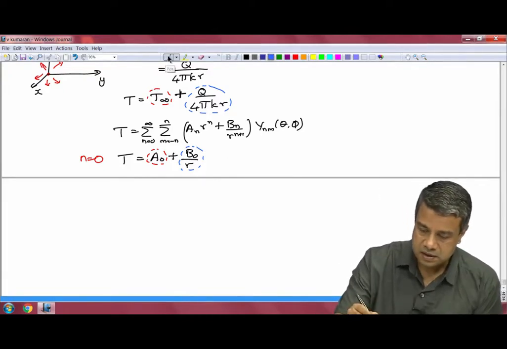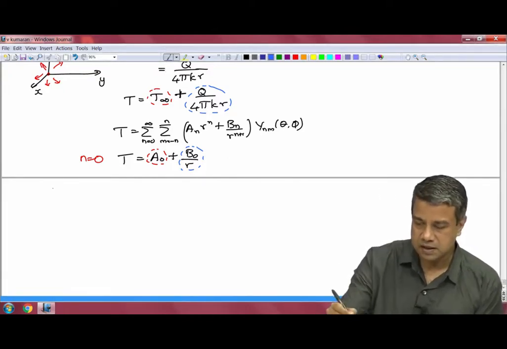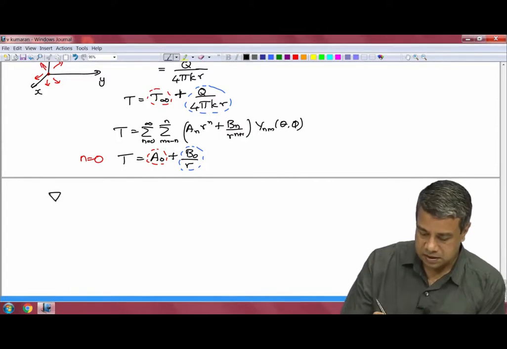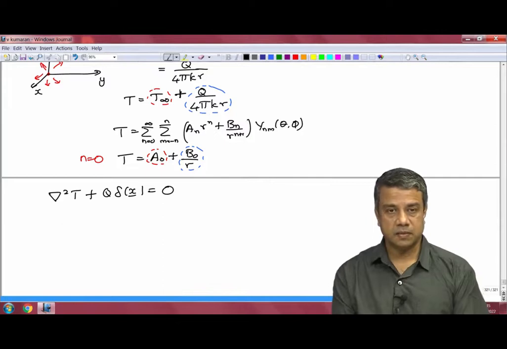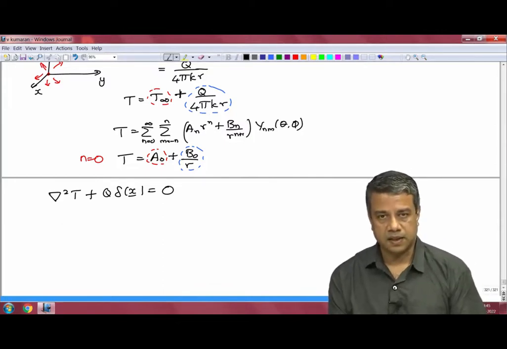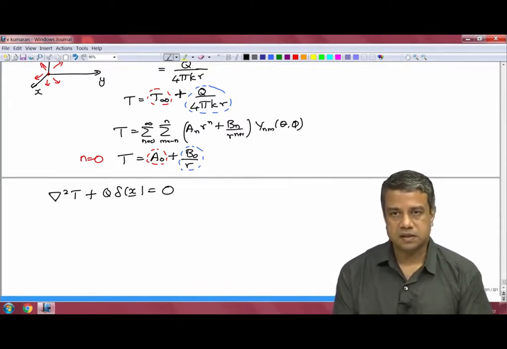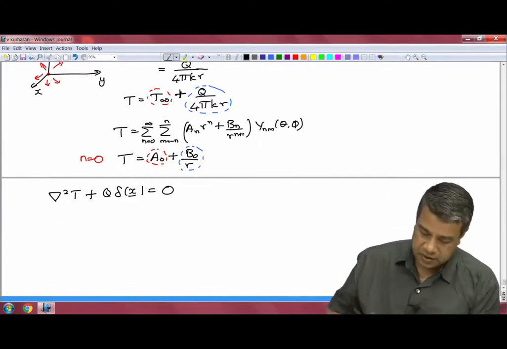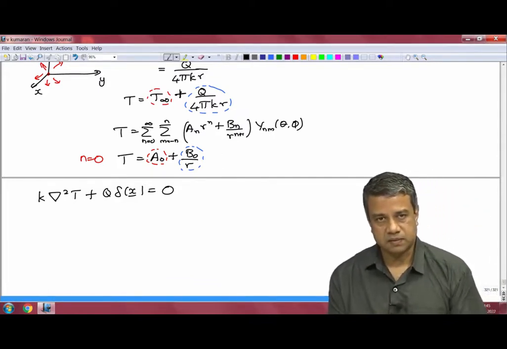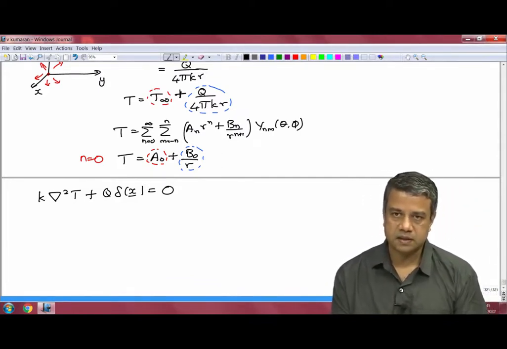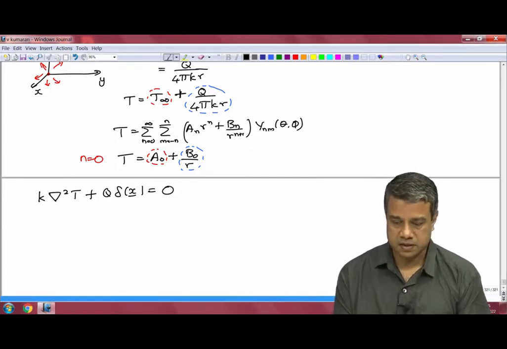Instead of that, I can also write the conduction equation in this case as k del square T plus Q delta of x is equal to 0, where Q is the total amount of energy emitted per unit time. Delta of x is the 3-dimensional delta function that has dimension of 1 over volume. So, this is the Poisson equation with an inhomogeneous term.